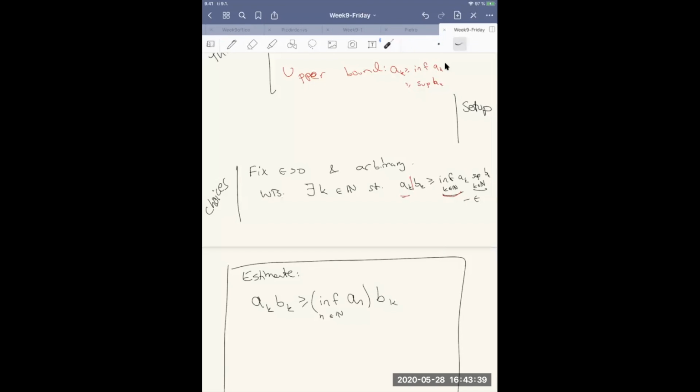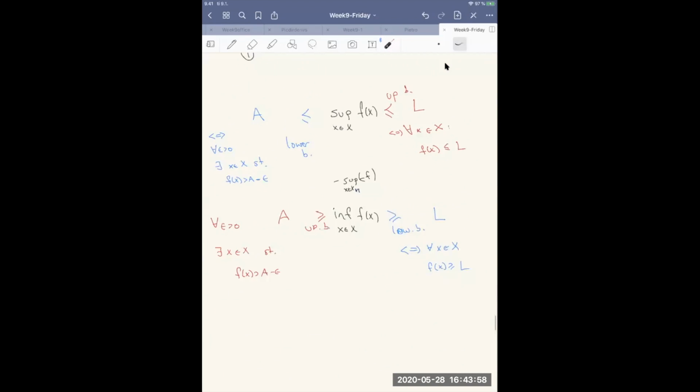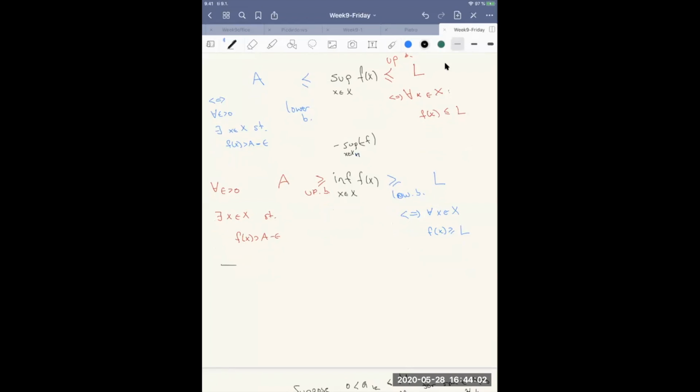But now we have a supremum here, and b_k is not less than or equal to the supremum. This is not less than or equal to the supremum. But we can use these facts here.